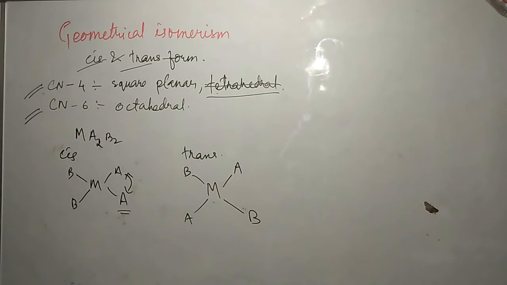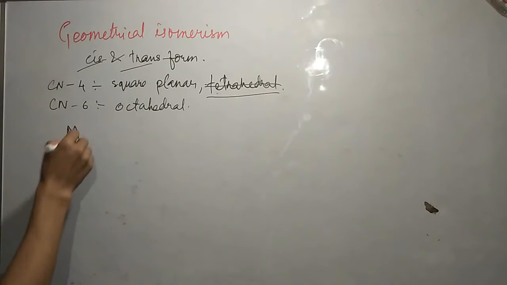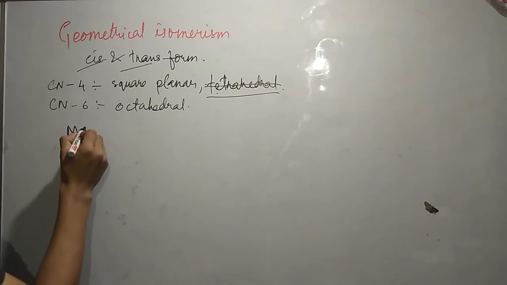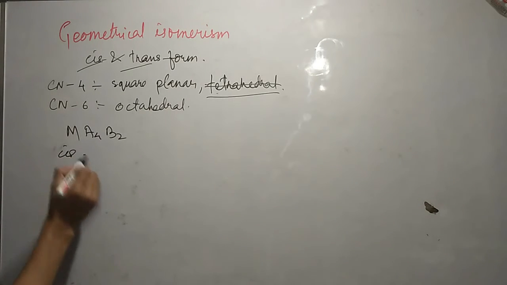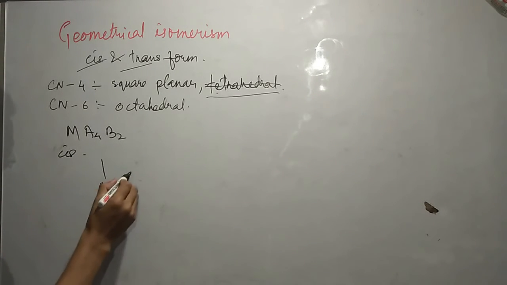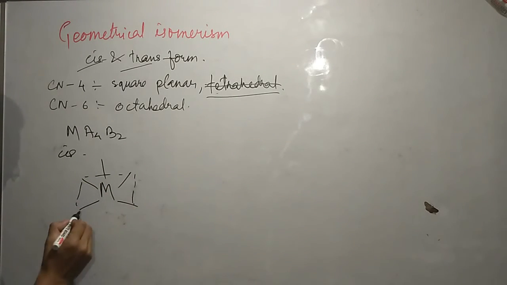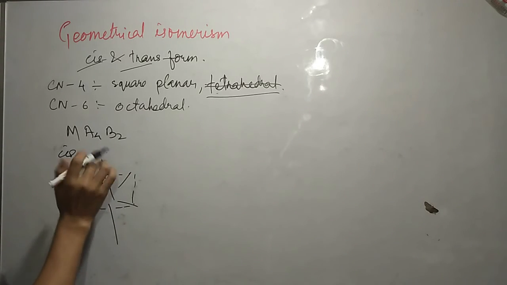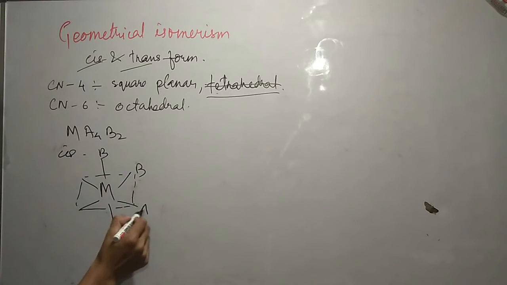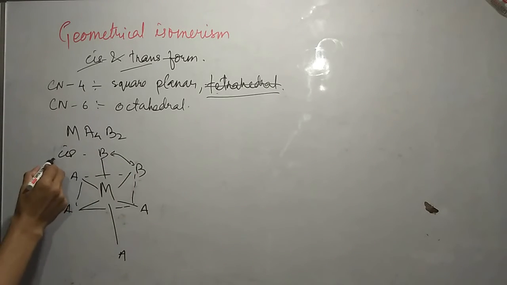Now for coordination number 6, which possesses an octahedral structure, if the complex is of the form MA2B4, then the cis form will have the two A ligands adjacent to each other, and therefore this is the cis form.